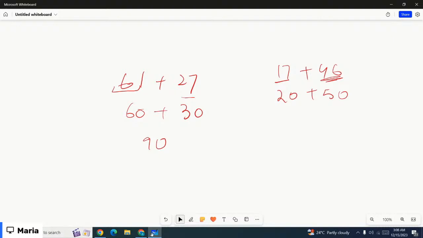When you add them together they make 70. So the correct option is 70.